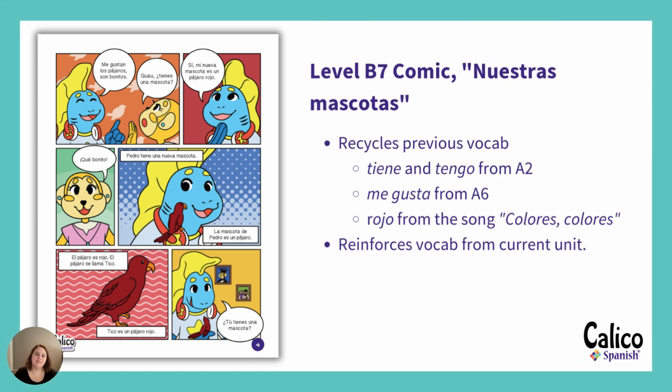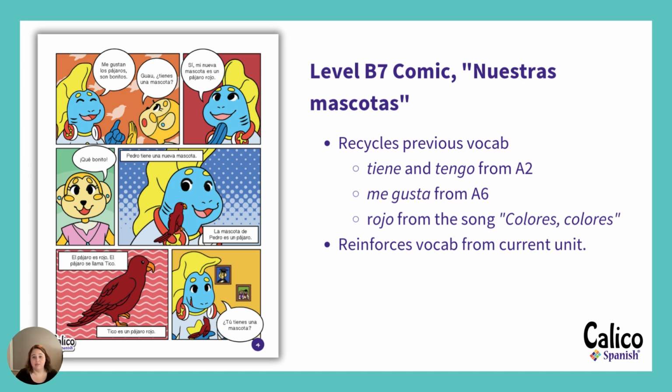So this is an example from Level B, Unit 7 in the comic Nuestras Mascotas. So just on this page, I can see that this vocabulary has been recycled from multiple units from previous levels of Calico Spanish. So, for example, tiene and tengo are actually first introduced in Level A, Unit 2, but it's coming back up again here in B7.